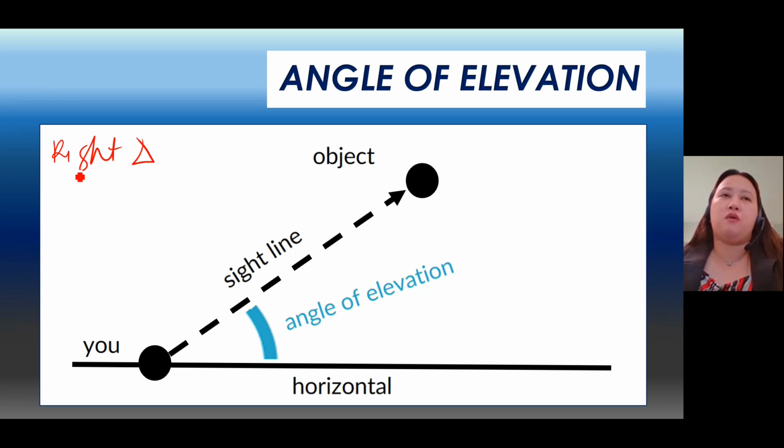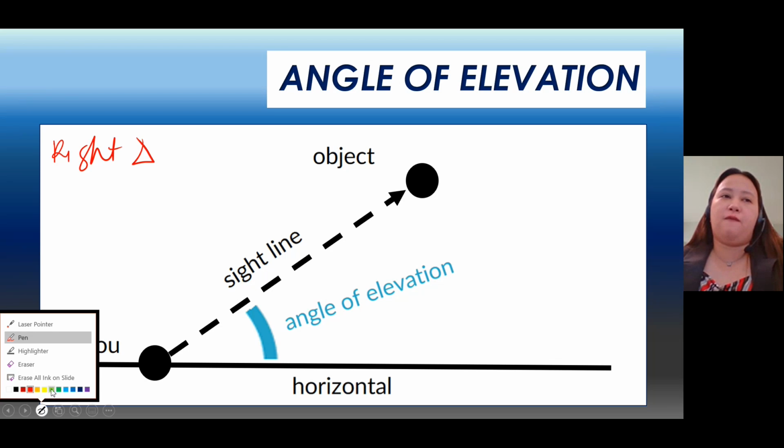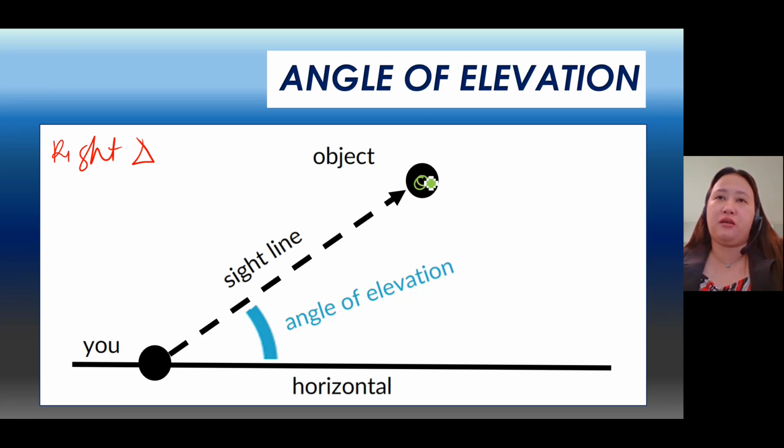For this to become a right triangle, you need to have a perpendicular or vertical line. The vertical line is from the object towards the horizontal, so that you can form a right angle and you have a right triangle.